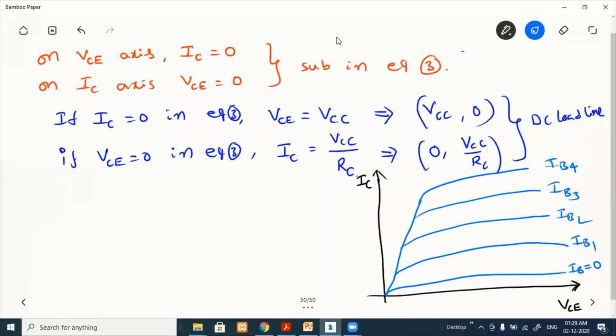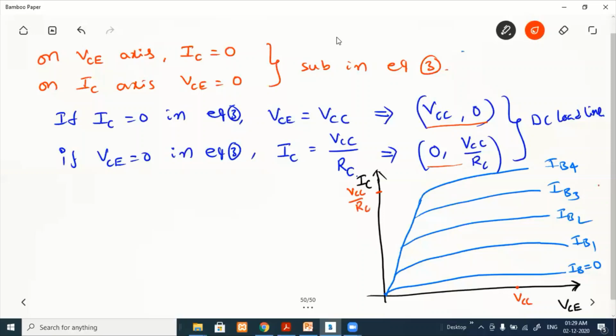Now identify these 2 points: VCC comma 0 on the x-axis and 0 comma VCC by RC on the y-axis. Somewhere here we have one point, that is VCC comma 0, and here we get another point, that is VCC by RC.